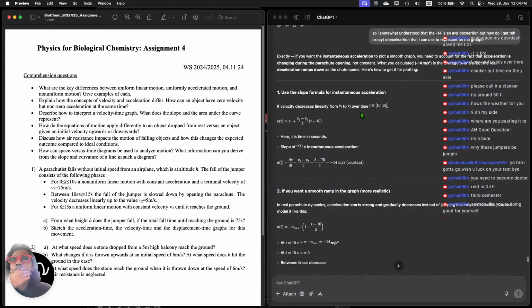Use the slope formula for instantaneous acceleration. More formulas? Yes, more formulas. Velocity decreases linearly from v1 to v2 over time. V(t) equals v1 plus (v2 minus v1) by 5, times (t minus 10).